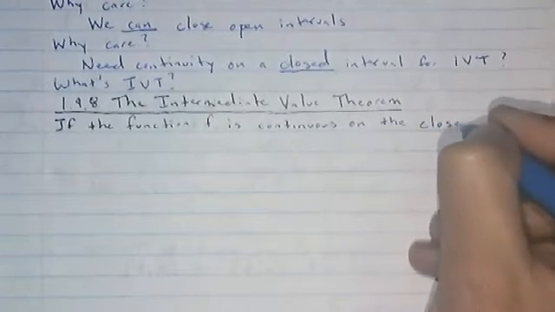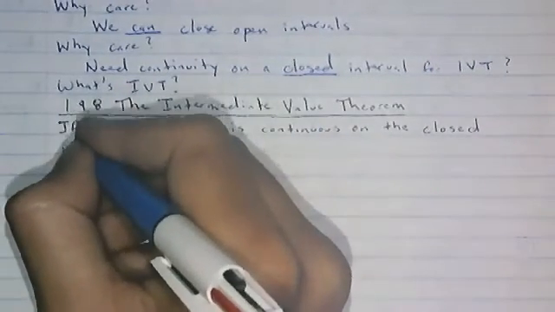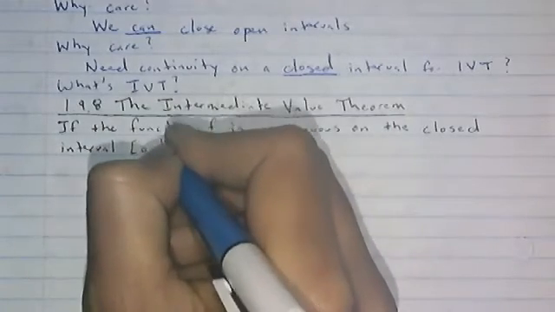That wasn't much of a discussion, Mr. Smith. You kind of just talked at us. Yep. On the closed interval A to B. That's condition 1 of the intermediate value theorem. You have to have a continuous function on the given interval.